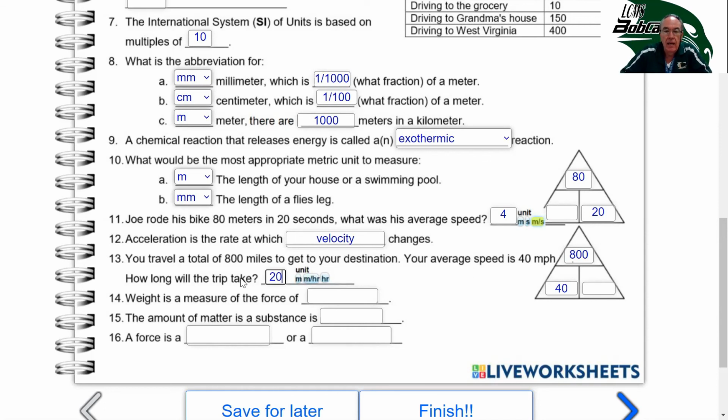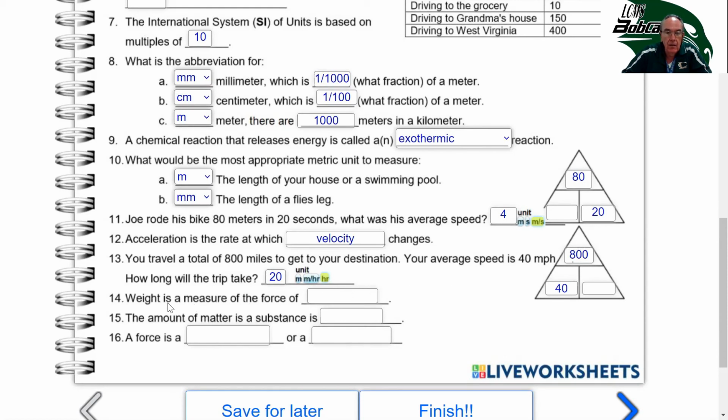And it says, to get to your destination at average speed, how long will it take? It is going to be hours. Okay, we went 40 miles per hour. So the unit for time would be hours.